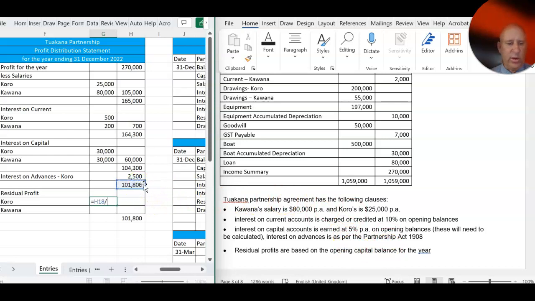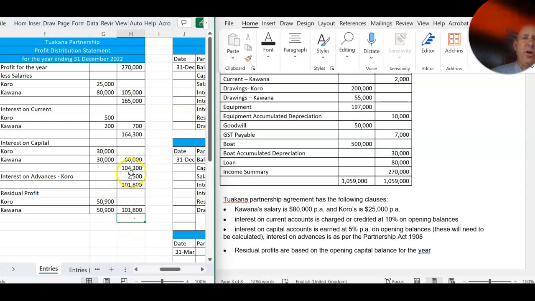Because the opening balances were equal, they split it equally. Very important that we're going to end up with a zero figure. We have to make sure that we allocate all that profit. So without that figure there, you get not achieved. So we need that one in.